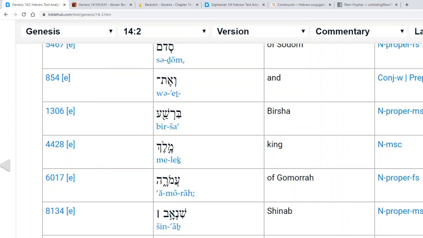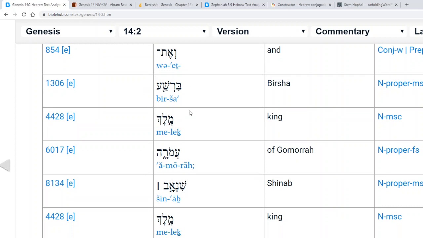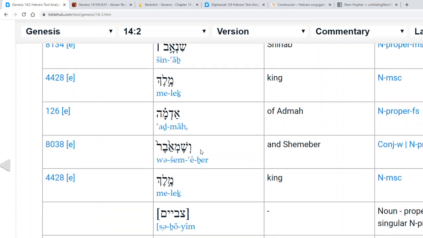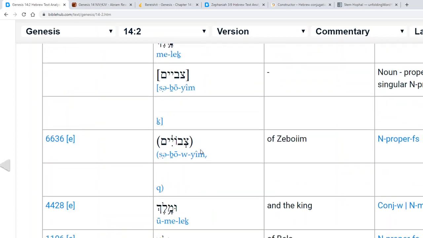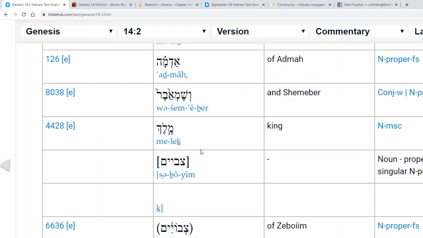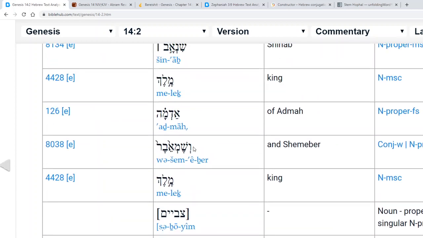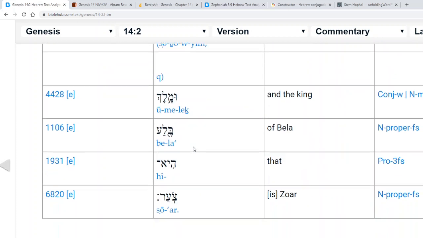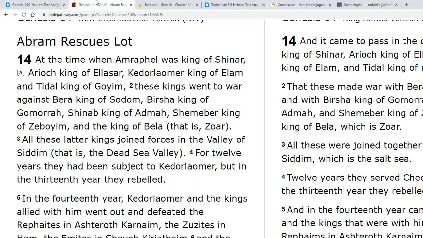There's the direct object marker here with Birsha. But with Shem Ever, there's no direct object marker before Shem Ever, Melech Tzivoim, Melech Bela Hitzor. So it's not exactly clear. Let's see what NIV does with it.